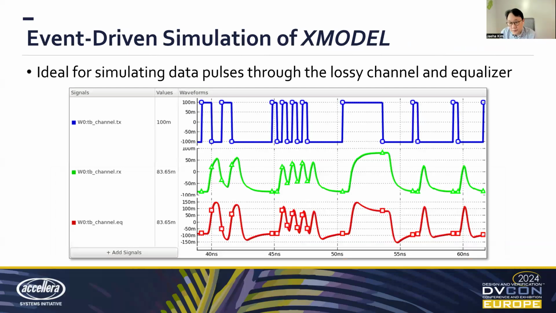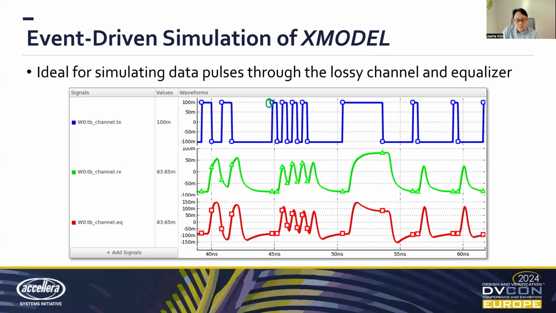And this waveform, in case you have used XMODEL and watched the tutorial, is a very familiar slide, which illustrates that XMODEL is the ideal solution for simulating data pulses propagating through the lossy channel and the equalizer. On the slide, we see three waveforms. The first one is the signal generated by the transmitter, so ones and zeros. Every time the value changes, events are triggered, which is understandable.